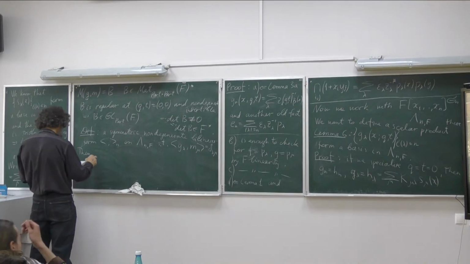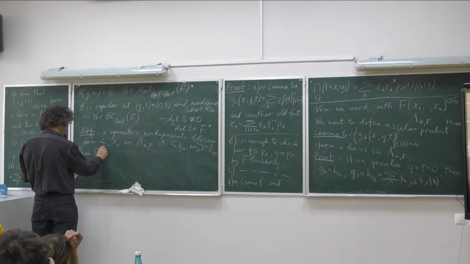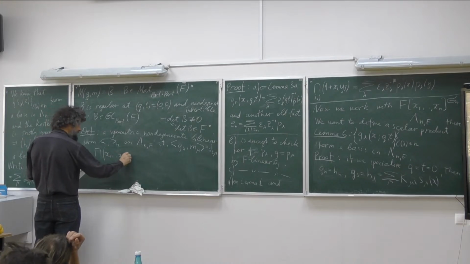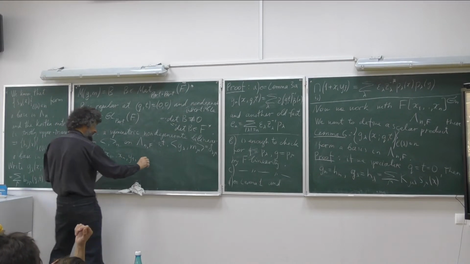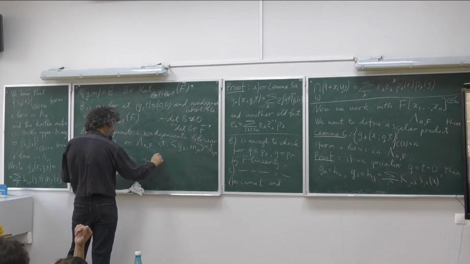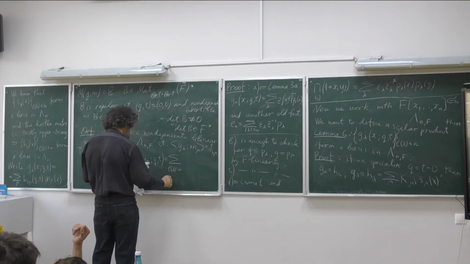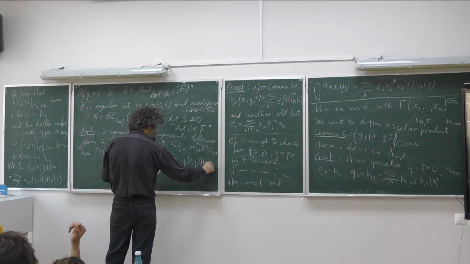Then we can consider the product as before, but not an infinite product, just in n variables x and n variables y, and q and t. This will be the sum over all partitions of length at most n of g lambda of x, q, t times m lambda of y.